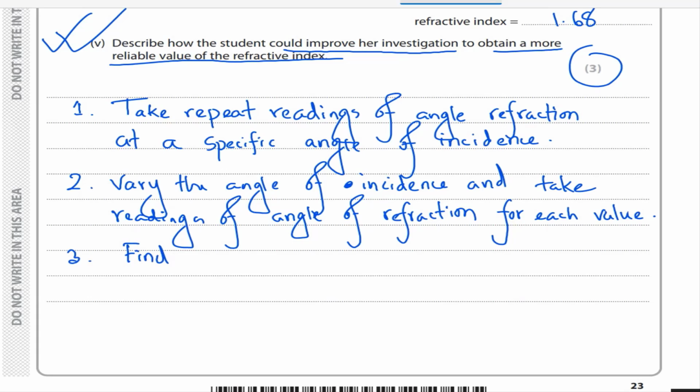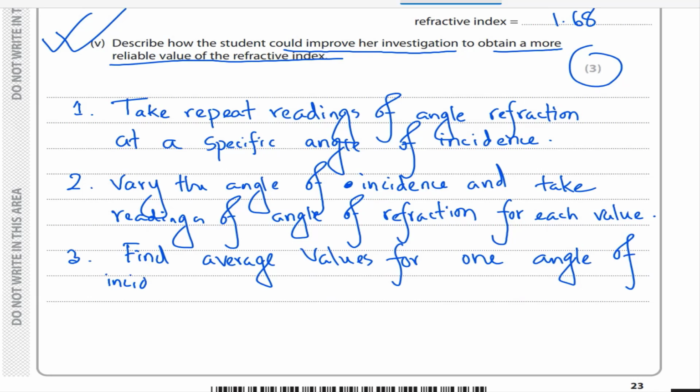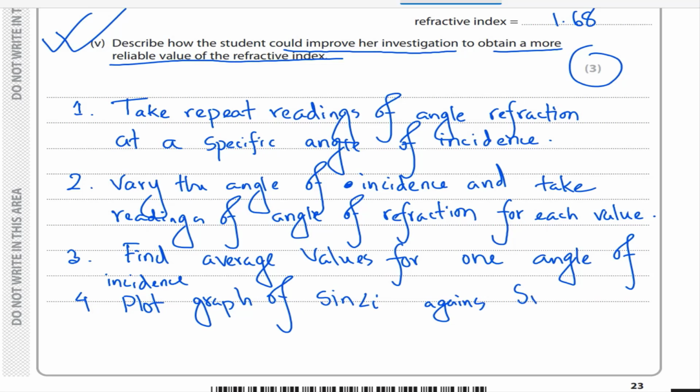Find the average value for one angle of incidence, plot a graph of sin i against sin r.